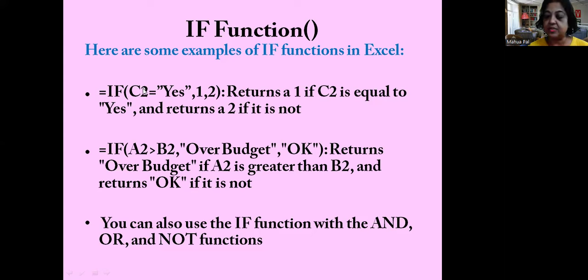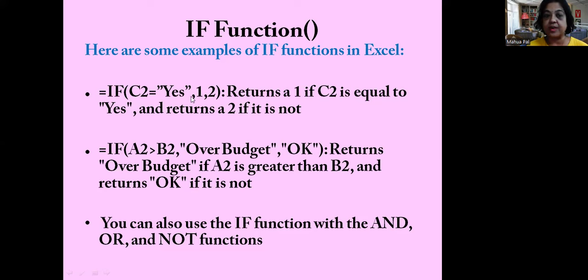In that particular location, anything can be typed, yes, no, or any other thing. So if that particular content or value is equal to yes, if it matches this particular word yes, then what will happen? This is the condition. Then in the value part, what is typed? 1.